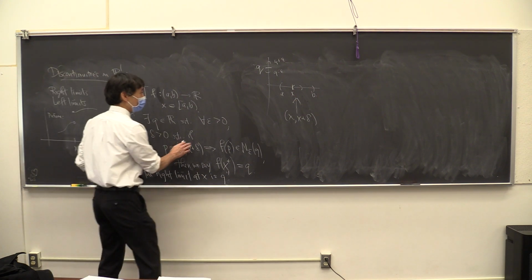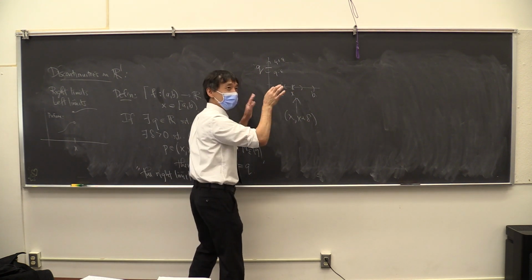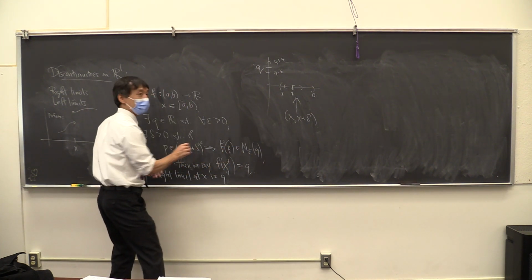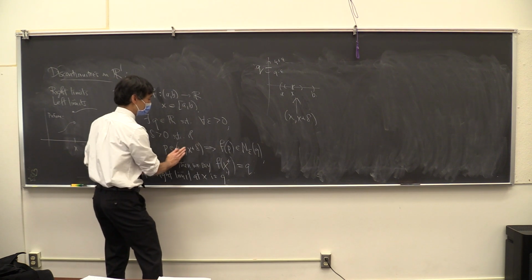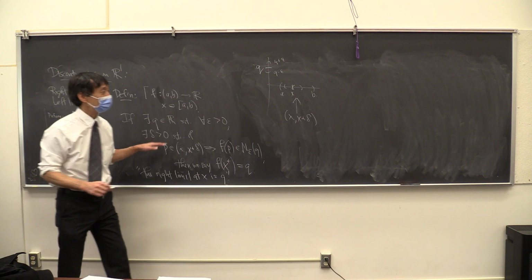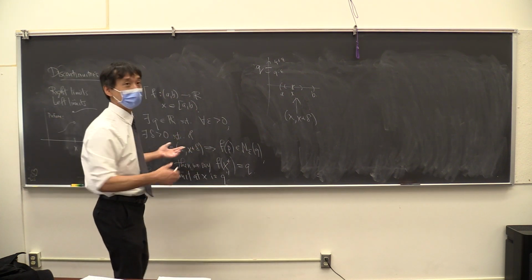So the only difference is that instead of taking this half neighborhood, I would take the full punctured neighborhood. So I'd have to write (x minus delta, x plus delta) with the point x removed. That's the only difference between the right limit and the full limit. Everybody okay with that?